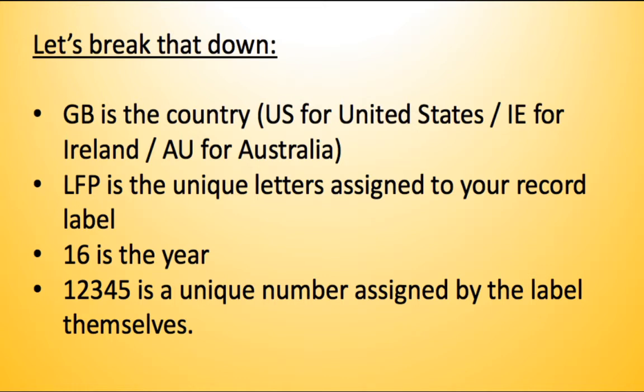The LFP is the unique letters assigned to your record label. So when you sign up as a label, you'll be assigned that with the ISRC, so that it is assigned directly to your label. Next is the year, which is 16, and then the 1, 2, 3, 4, 5 is a unique number assigned by the label themselves.